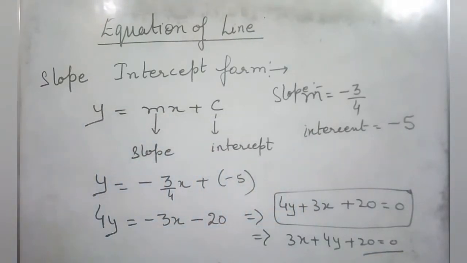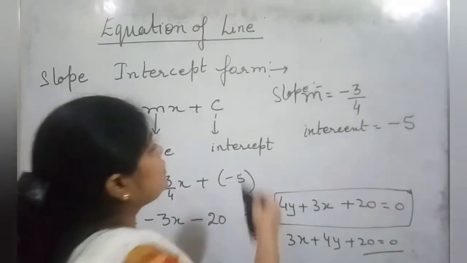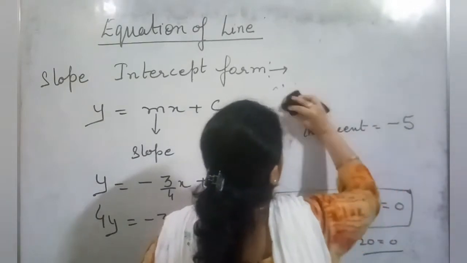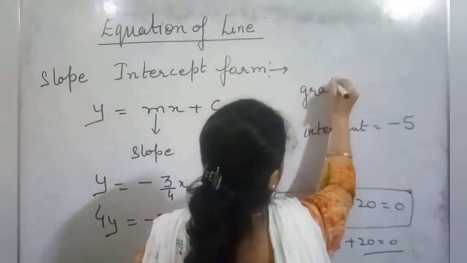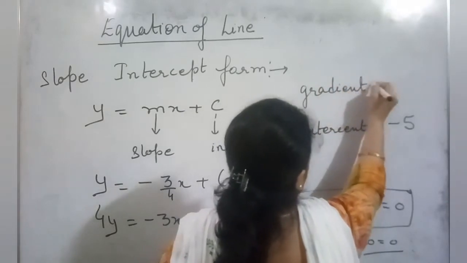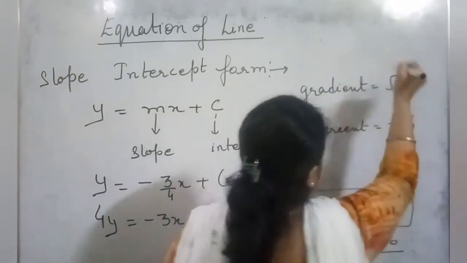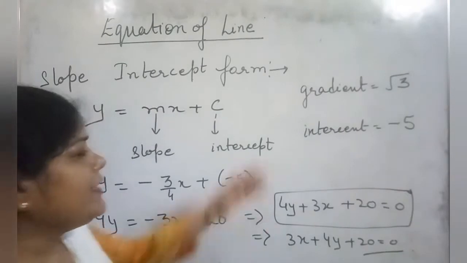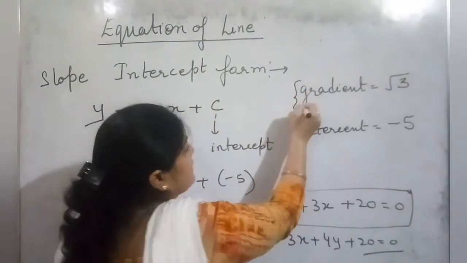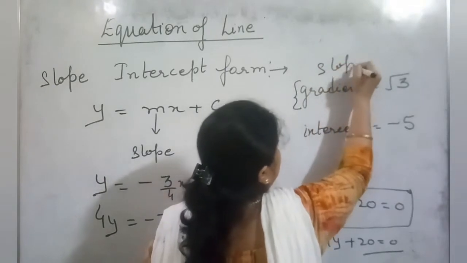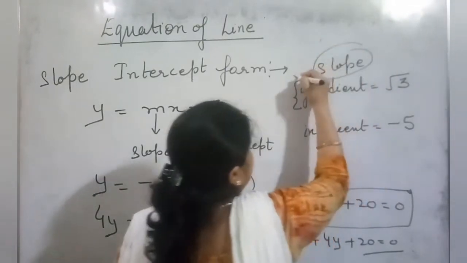Now in case of slope, if it is given that the gradient is equal to under root 3, find the equation of the line, and intercept is the same, minus 5. Now one thing more, gradient and slope both are the same thing.